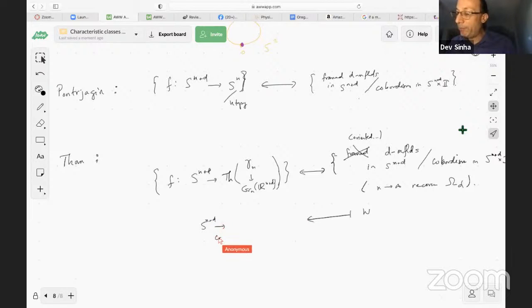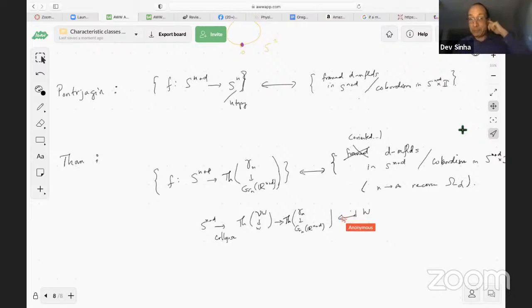First, you collapse onto the Thom space of the normal bundle of W. And then that has some classifying map to this universal gamma N. And so that's how you translate from cobordism to homotopy of some space.